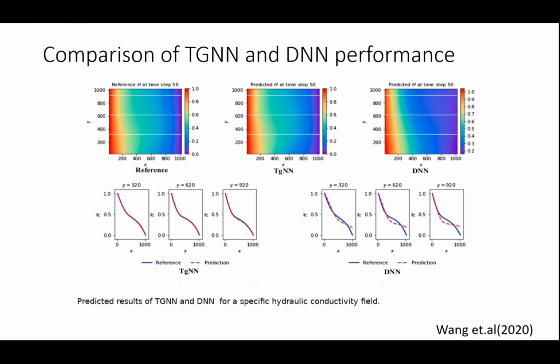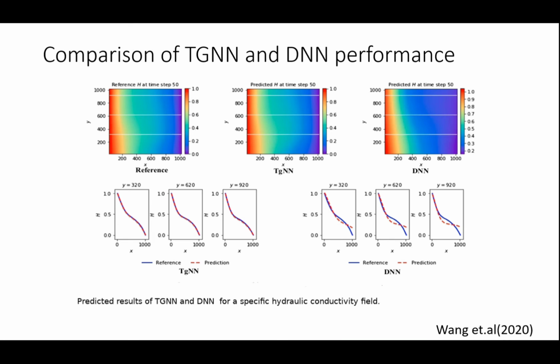And finally, these are some results as well as the reference models, which are shown to compare the performance of theory-guided neural networks with that of deep neural networks for a specific hydraulic conductivity field.